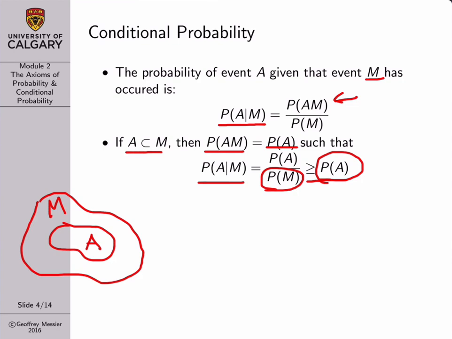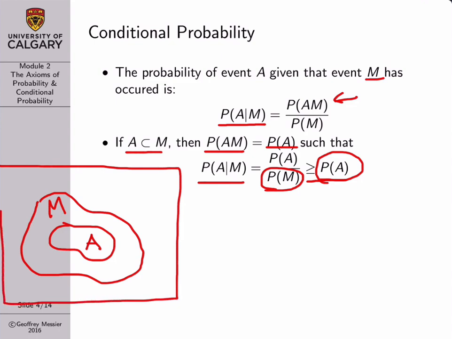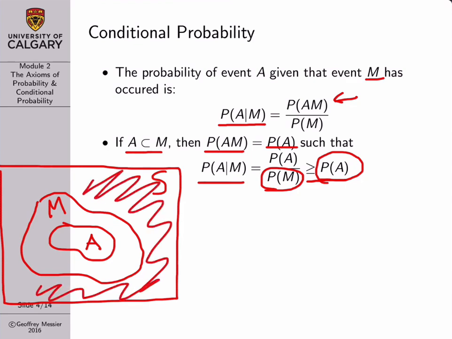How is this possible? Well, it becomes more clear if I draw the universal set. Okay, so without any information about M, we have to assume that any outcome in S is possible. But once we know that M has occurred, basically we've now narrowed down our options. We know that all of the outcomes outside of M cannot possibly occur.